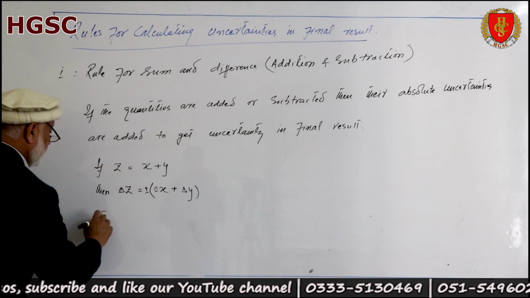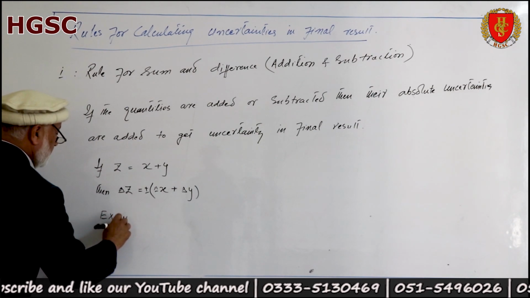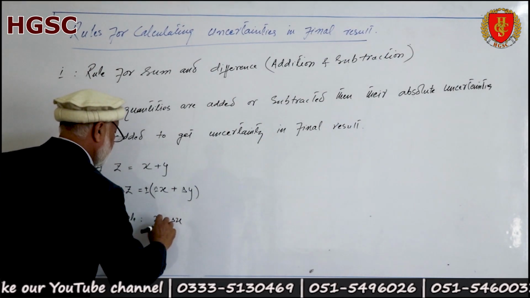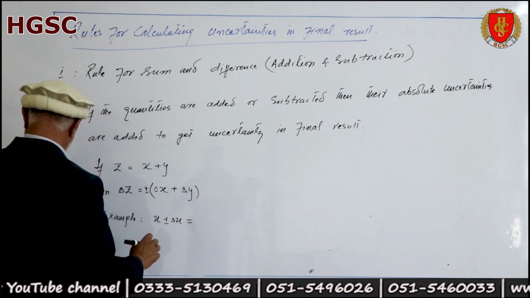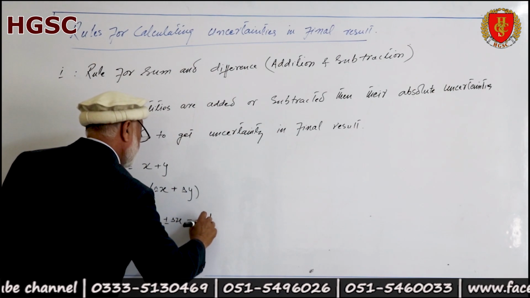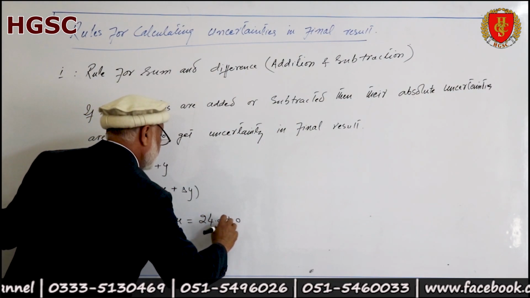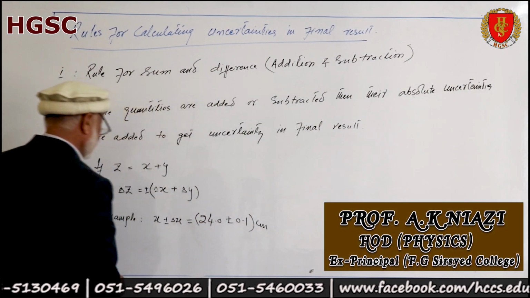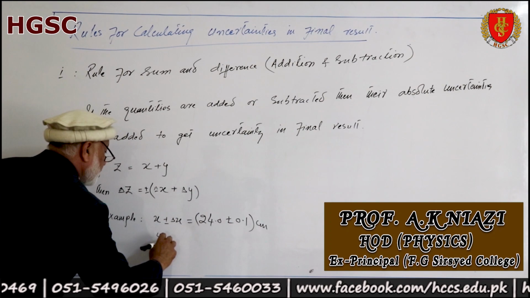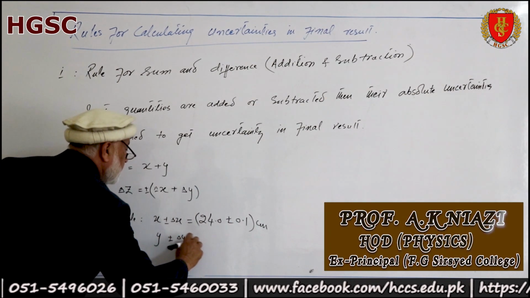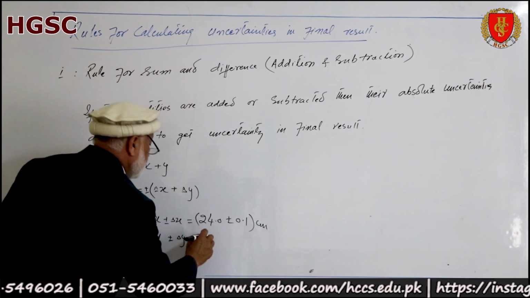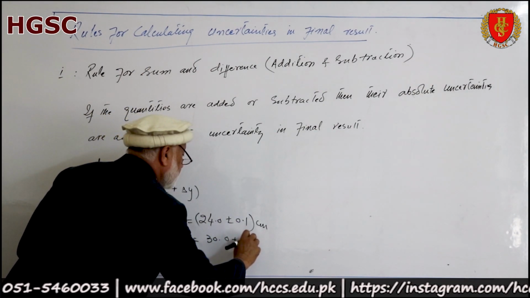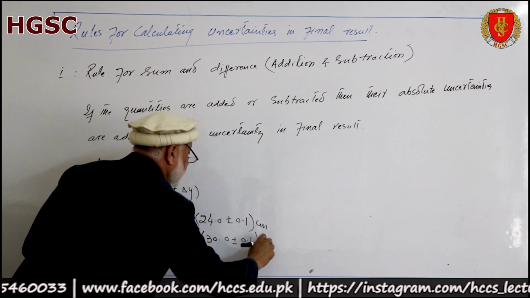Example, x plus minus delta x is 24 plus minus 0.1 centimeter, and y plus minus delta y is 30.0 plus minus 0.1 centimeter.